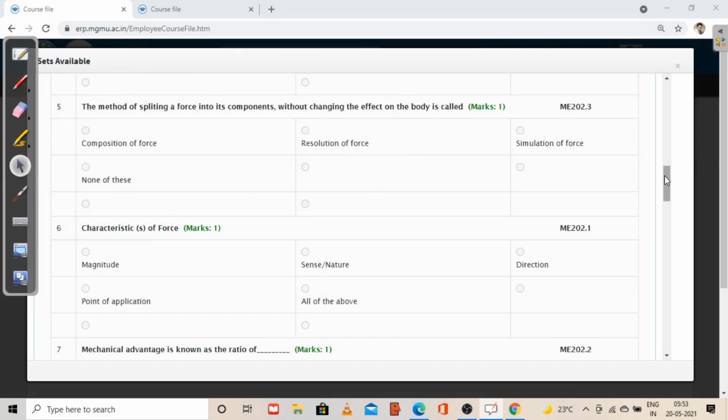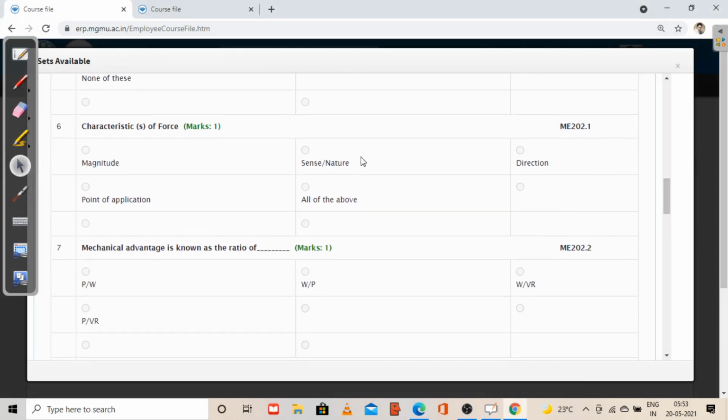Now we'll go for the sixth question. Characteristics of force. Force has some characteristics. If you see, force always has a magnitude, like we say 20 Newton, 30 Newton and all.